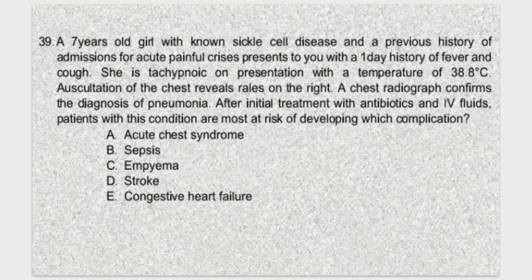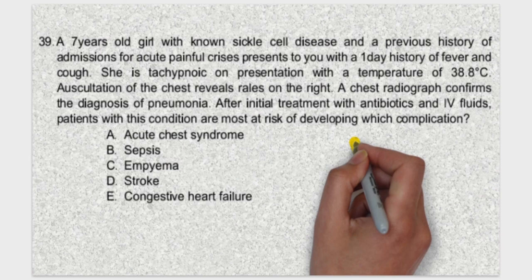Question number 39. A 7-year-old girl with known history of sickle cell disease and a previous history of admission for acute painful crisis presents to you with a 1-day history of fever and cough. She is tachypneic on presentation with a temperature of 38 degrees centigrade.